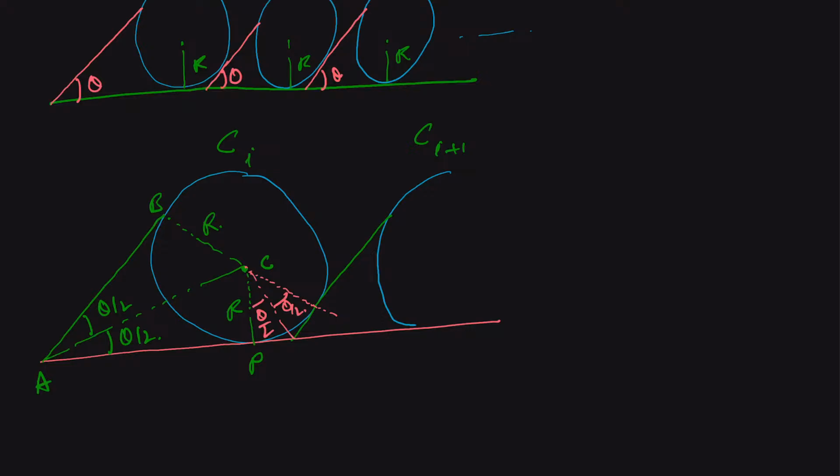And there will be a normal acting at this point. So let me draw the normal. So this is the normal, and we call this normal N_i, and there will be a normal here also. Let us call this normal N_i+1.